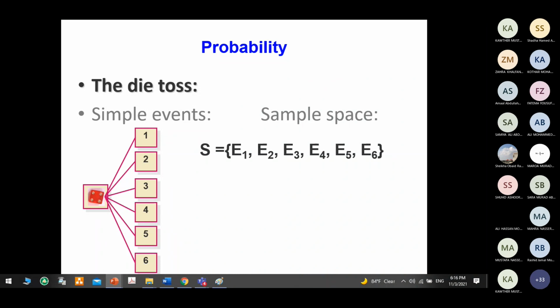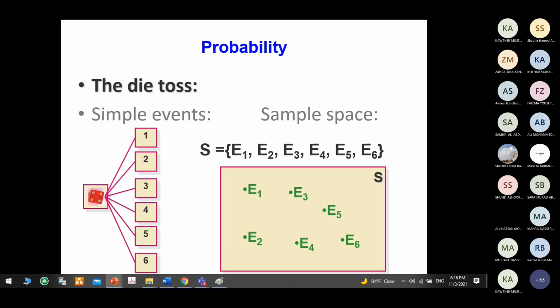Or I can write them as 1, 2, 3, 4, 5, 6. If I want to plot them, just to have an idea how they look, I make a square. This is the square, and this is S to say that this is the sample space. Inside the square, I put my events. It could be E1, E2, E3, E4, distributed in whatever way. At the end, these are my outputs in the sample space.